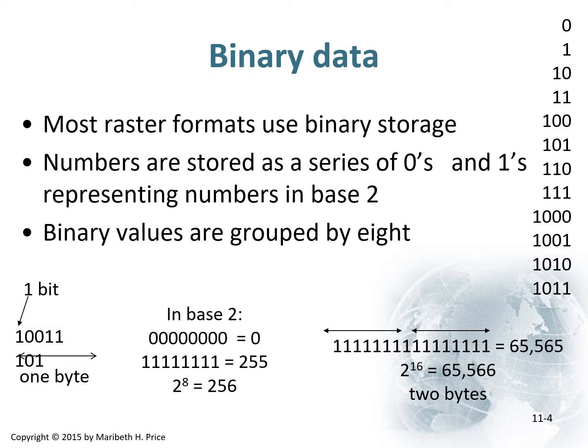Most raster formats are binary in nature, stores things as ones and zeros, and this sort of gives you an idea of how it calculates out to figure out what it is. The part you need to remember is the number of bytes, 8-bit, 16-bit, reflects the range of values, the size of the numbers you can have, and that can create a problem.